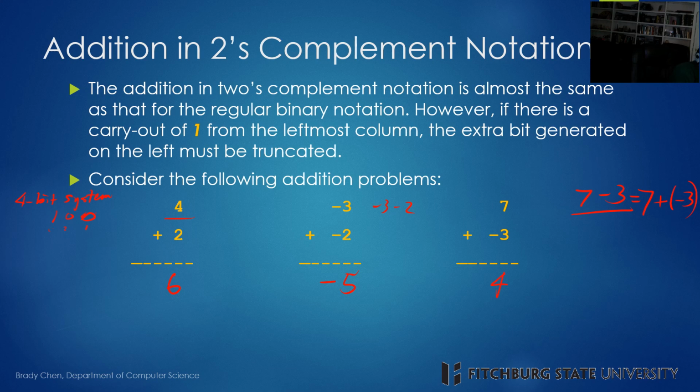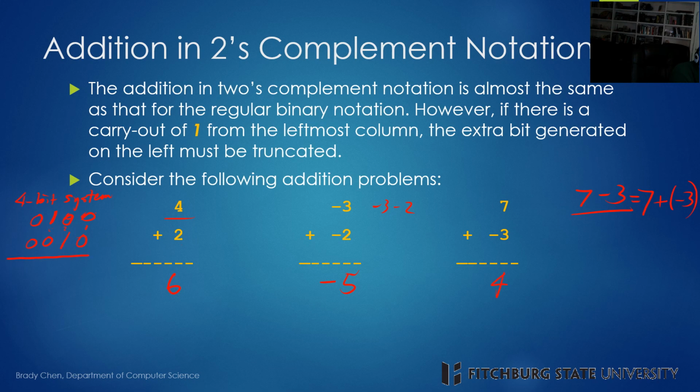In 2's complement with 4 bits, we add an additional 0. Now 2 is 1, 0, and in 4 bits you add additional 0s.